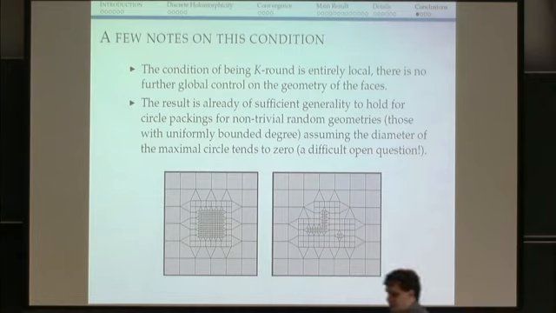And so you can deal with these lattices that are in many ways similar to the kinds of things you get from random maps, or indeed they are exactly the kind of geometry you get if you circle pack a bounded degree random map. You can prove that you satisfy this k-roundness condition for some explicit value of k. That comes out of the ring lemma techniques that live there.